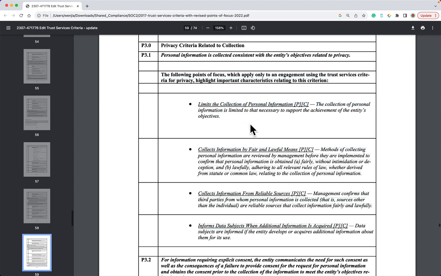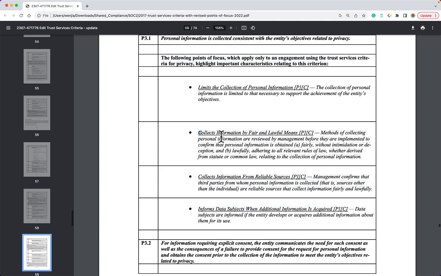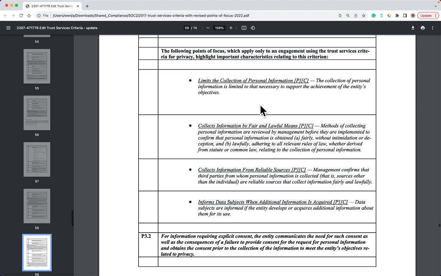Avoid any unnecessary collection. This one, collects information by fair and lawful means. Of course, you can only collect information from data subjects legally, without any misleading or false statements.